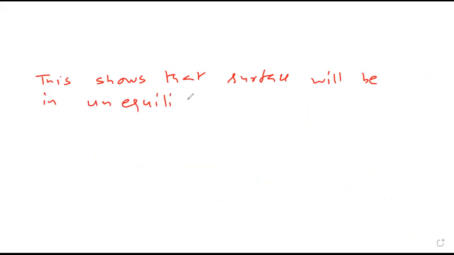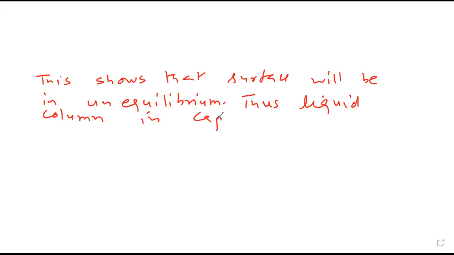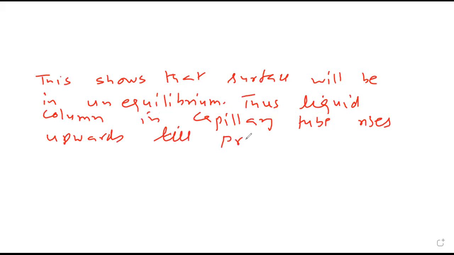This shows that the surface will be in disequilibrium. Thus, the liquid column in the capillary tube rises upwards, because when it goes up the pressure will decrease, till the pressure becomes the same.